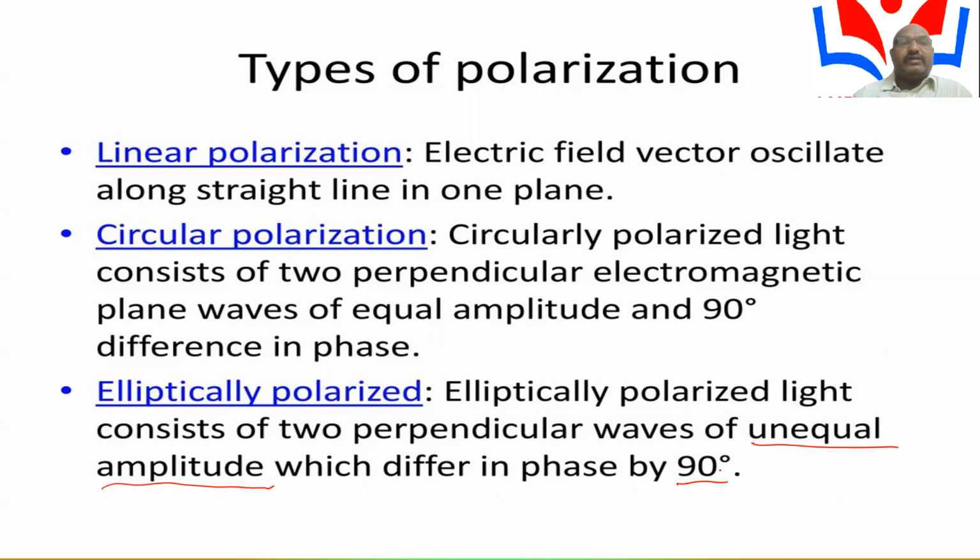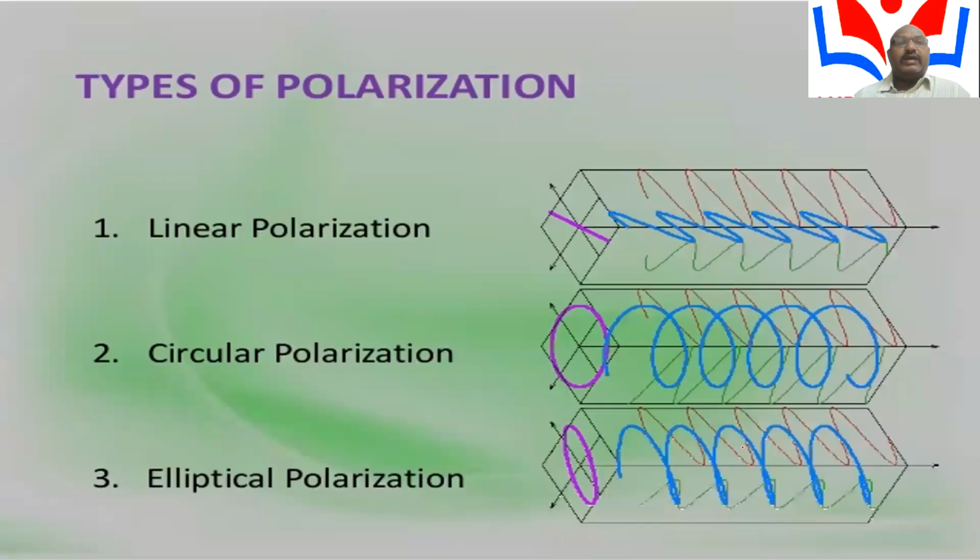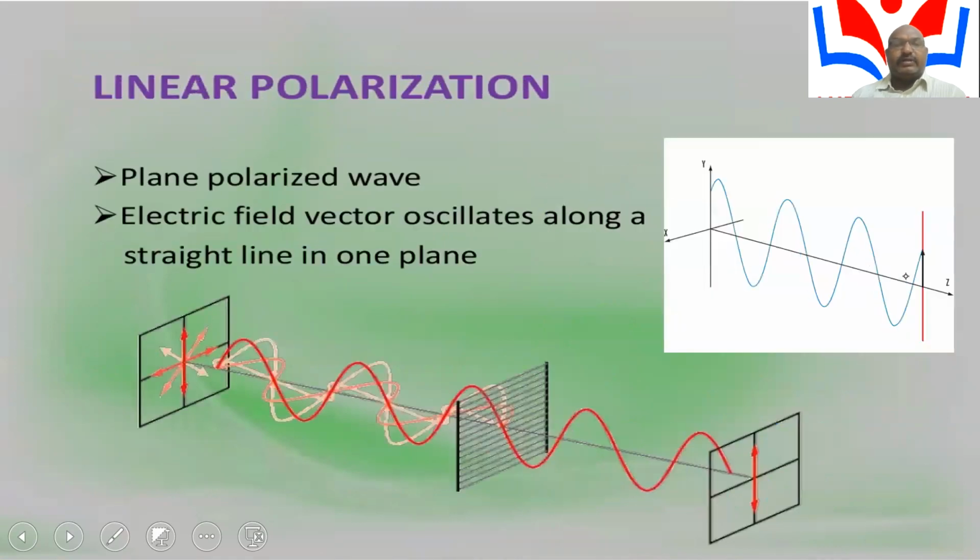The difference between circular and elliptical polarization is that circular has waves of equal amplitude at 90 degrees, but elliptical has two perpendicular waves of unequal amplitude differing by 90 degrees. So the types of polarization are linear, circular and elliptical, as shown in the figure.